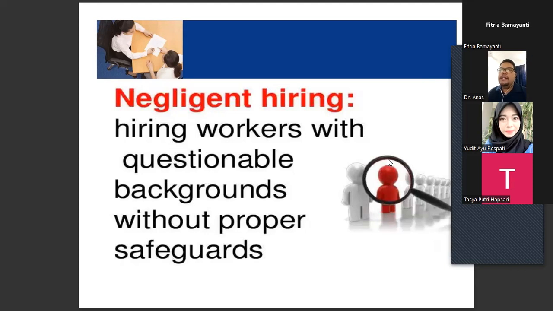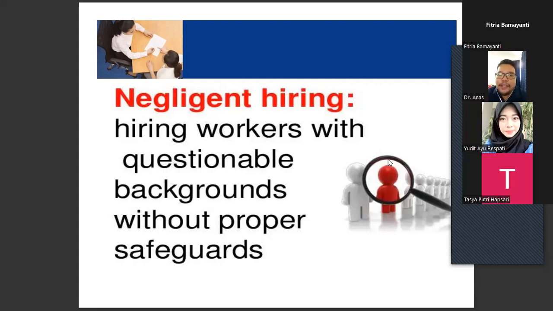What is negligent hiring? Negligent hiring is hiring workers with a questionable background without proper safeguards. This is related to the recruitment we discussed last week. Negligent hiring is related to wrong recruitment, because some recruitment does not follow proper procedure in the organization.